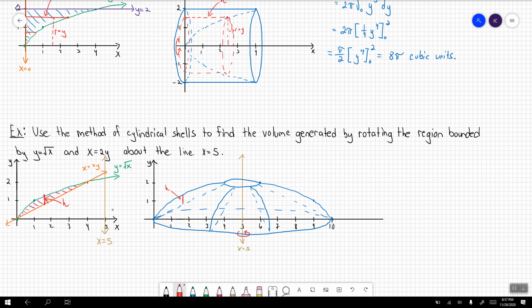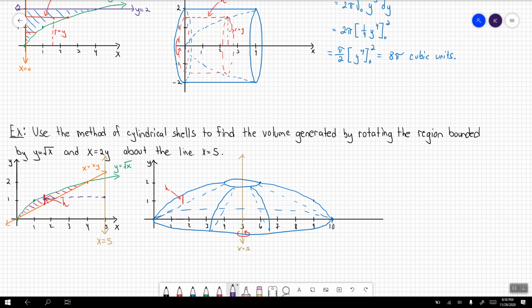Now I'm going to rotate this about x is equal to 5, meaning that we're now creating a circle that has an embedded center at x is equal to 5. So the radius that we are looking for is going to be the radius made by the axis of rotation over to that sample point that we're choosing.